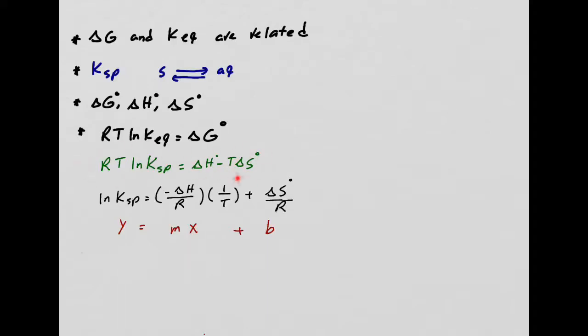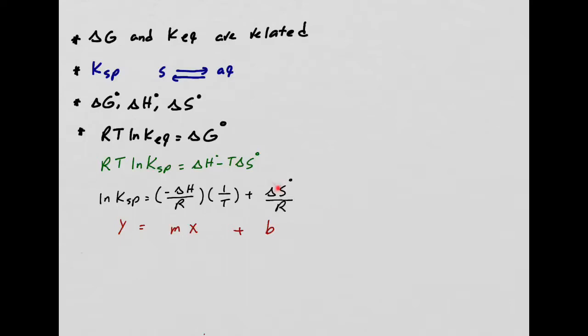Then I rearranged this into this format. And the reason I love this format is that now this is a linear equation. There's a linear relationship here. y equals mx plus b. Now, does this look familiar? Yeah, Arrhenius plot. That's probably what you're thinking about. It does look familiar.